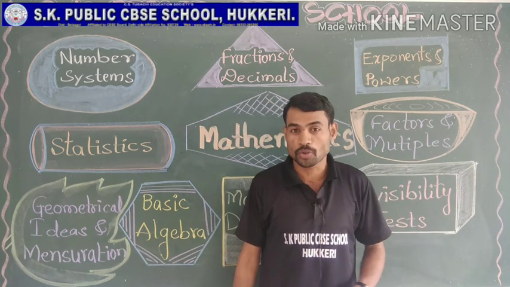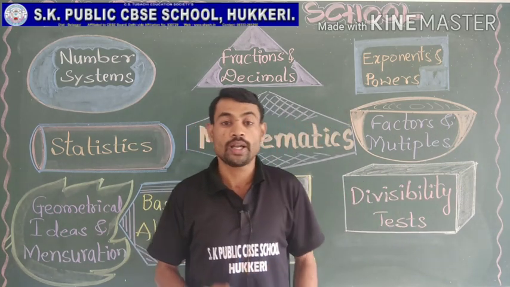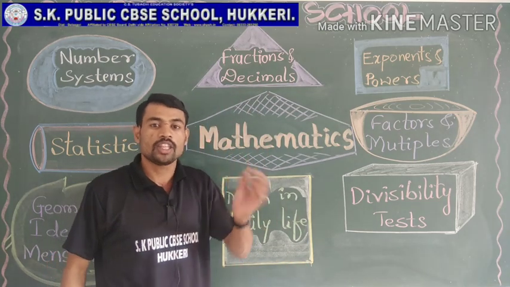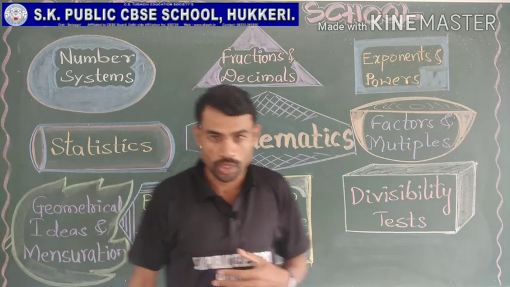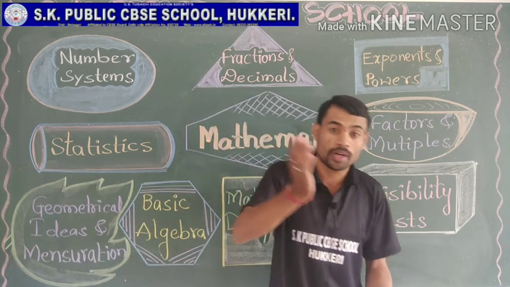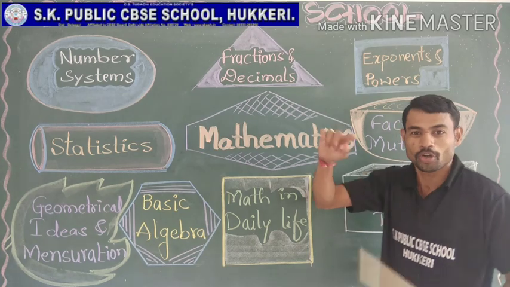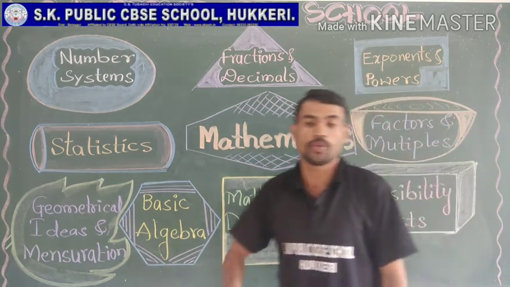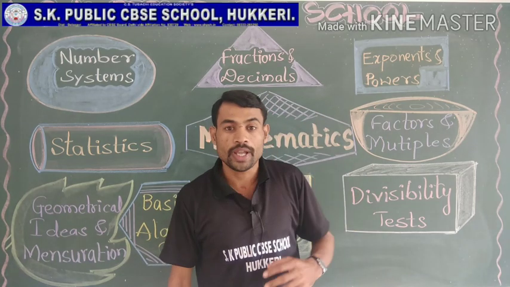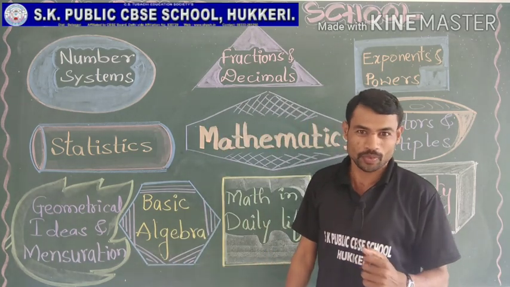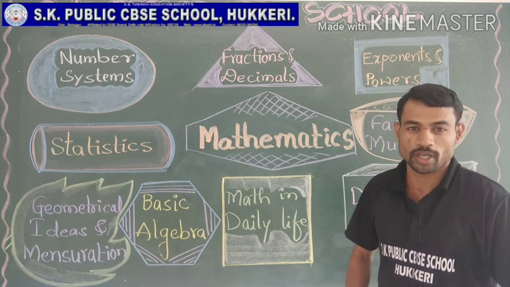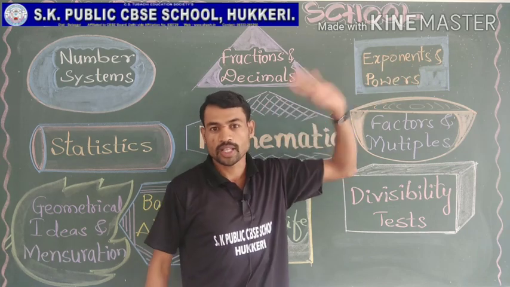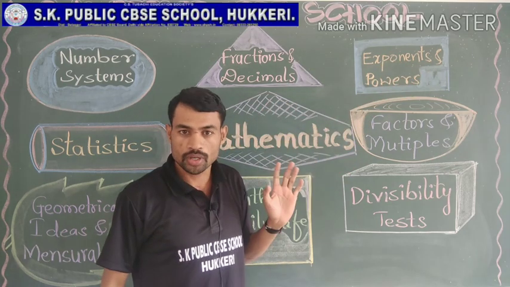First we should know what exponential numbers are, how to write numbers in exponential notation, and how numbers are converted from exponential notation to normal form. We also have some laws of exponents. Those are all the laws we have to study in this chapter, exponents and powers.